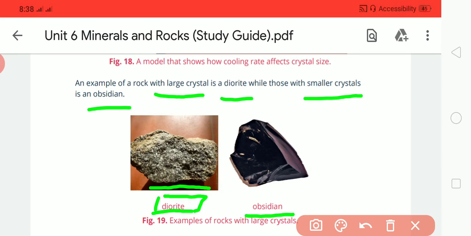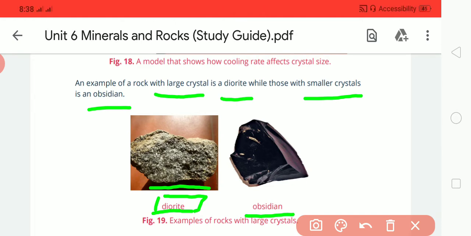So, diba, just by looking, maka-determine ka nga na ay coarse, or the grains are actually bigger in size na nag-connect or na nag-attach sa iba't ibang grains. On the other hand, obsidian, since obsidian is an extrusive igneous rock, so fast cooling siya, so that means dili maka-form kaayo og large crystals ang iyang structure, but instead smaller crystals lang kasi nga fast cooling siya.